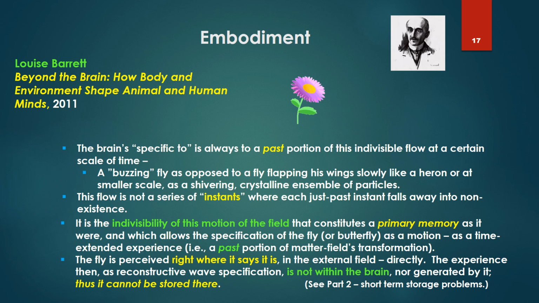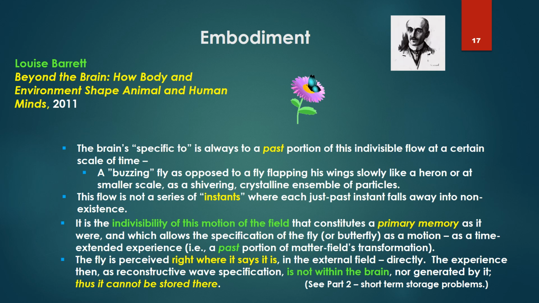It is the indivisibility of this motion of the field that constitutes the primary memory, as it were, which allows the specification of the fly or the butterfly as a motion, as a time-extended experience.